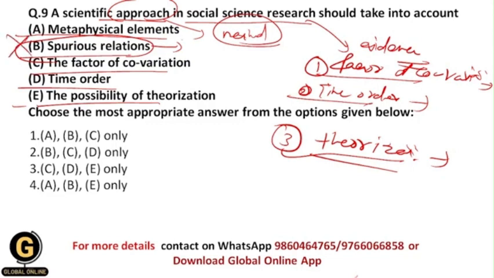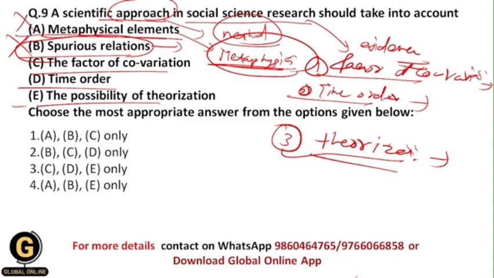As well, metaphysical elements are oriented to metaphysics, and the metaphysics branch is oriented towards imaginative power, or you can say thinking power. Metaphysics does not rely on evidence, or on proper empirical methods like social science research relies on. That's why we should not take metaphysical elements into account either.